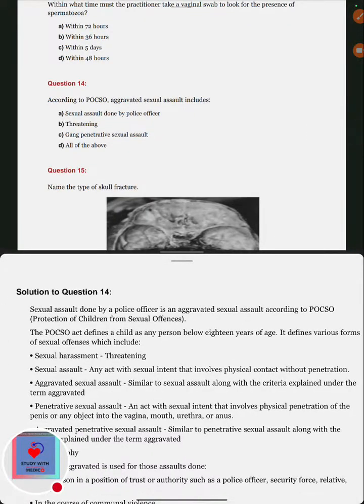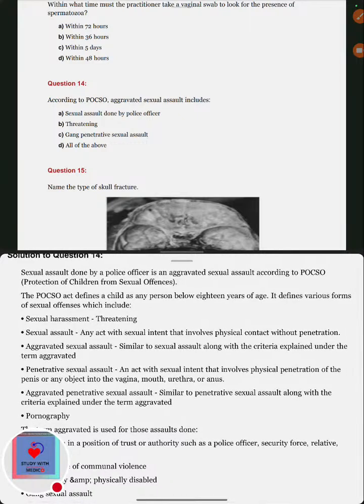According to POCSO, aggravated sexual assault includes gang penetrative sexual assault, and sexual assault done by a police officer. So sexual assault done by a police officer is an aggravated sexual assault according to POCSO, Protection of Children from Sexual Offences. It defines a child as any person below 18 years of age. It defines various forms of sexual offences, which include sexual harassment, threatening, and sexual assault, any act with sexual intent that involves physical contact without penetration.